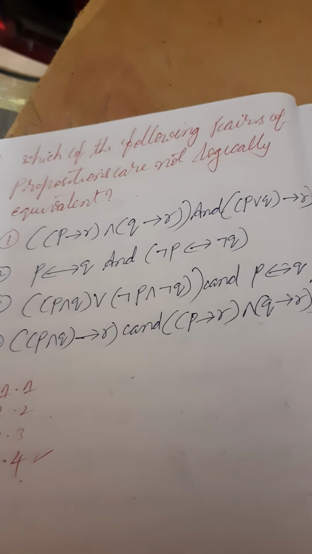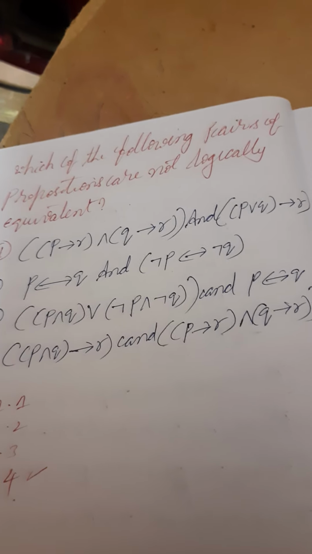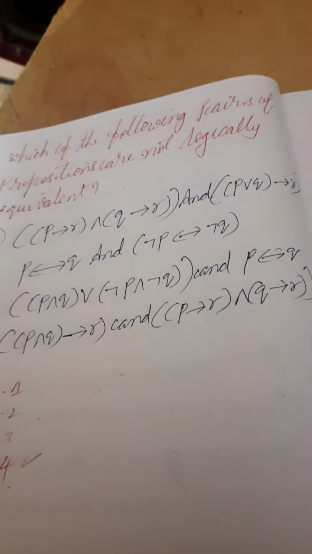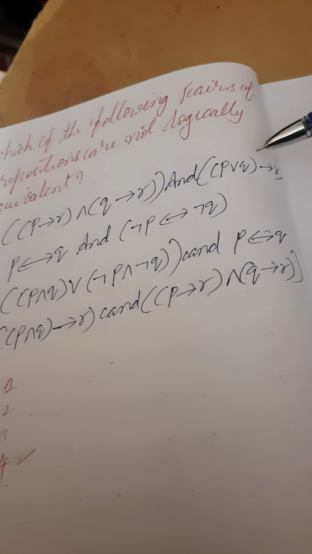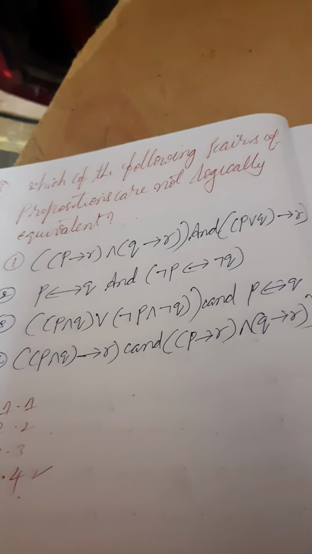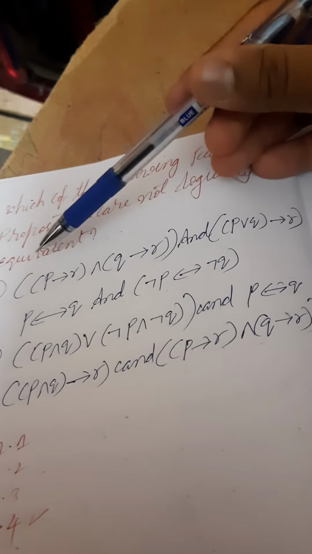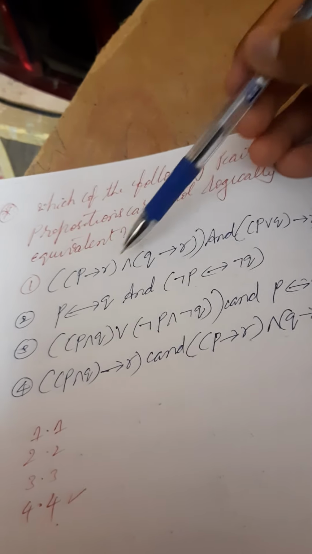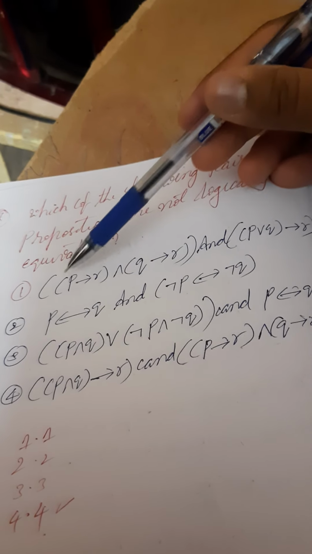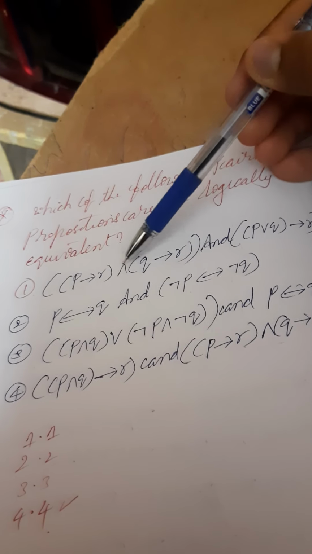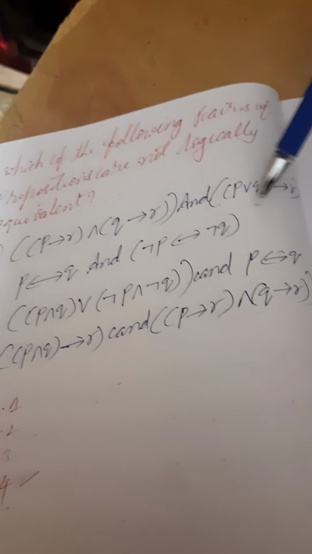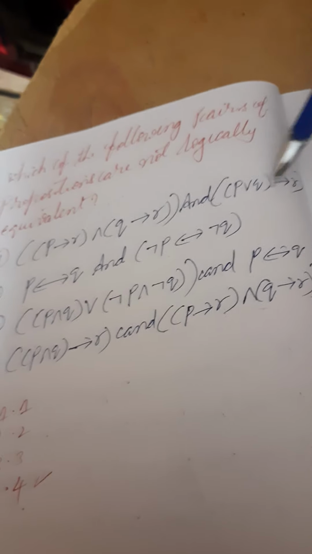First one he has given is P implies R intersection Q implies R, and he is saying this is equivalent to P disjunction Q implies R. As I told, here the first two are different, so we change this symbol to disjunction, P disjunction Q. The second one we write as it is, implies R.